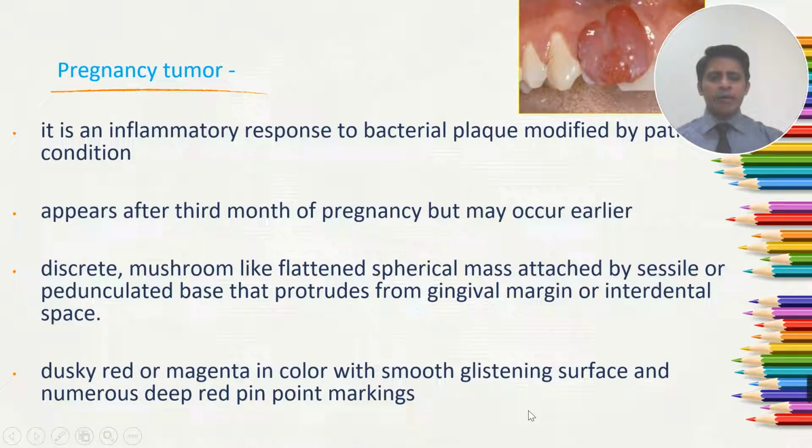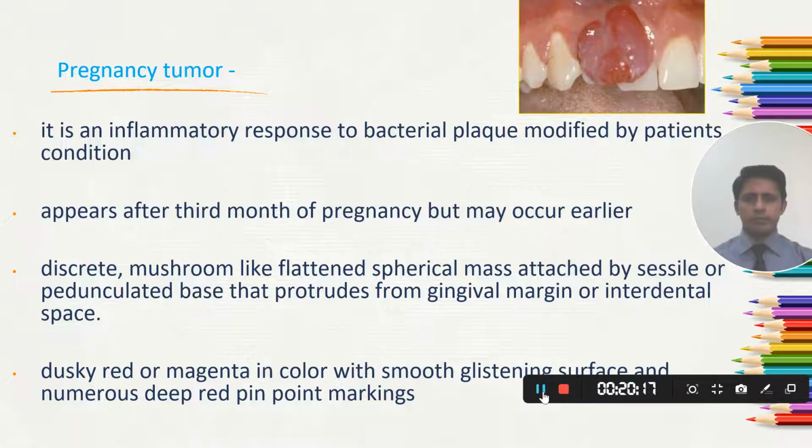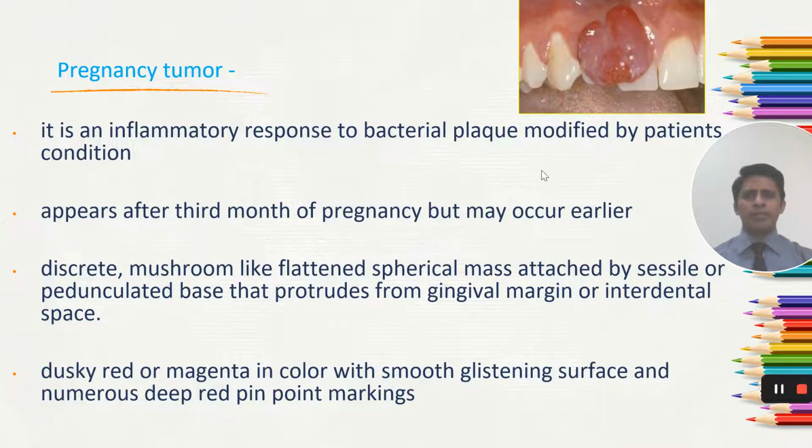The second type of conditioned enlargement is the pregnancy tumor. It is an inflammatory response to the bacterial plaque modified by the patient's condition. It appears after the third month of pregnancy but may occur earlier also.